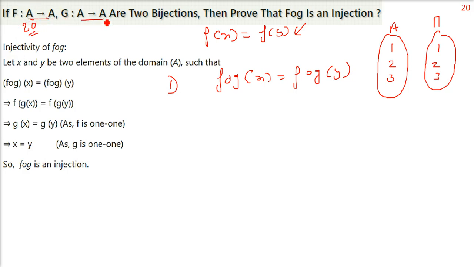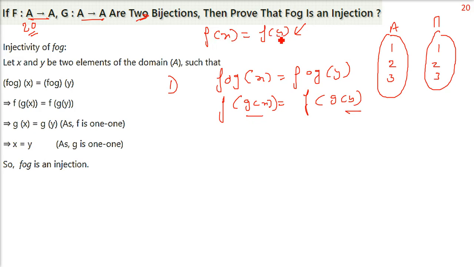And please remember, f and g, they both are bijections. So f of gx is f of gx, f of gy is f of gy. Now whatever is inside, don't worry about this. Just ignore gx. Just assume that it is f of something inside, some variable.